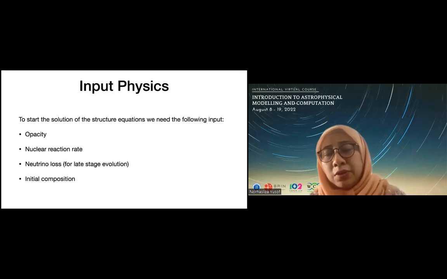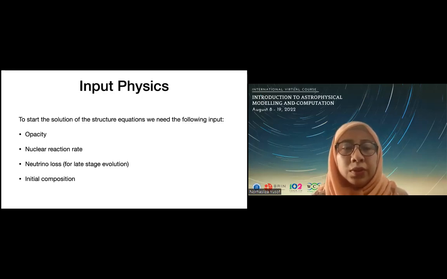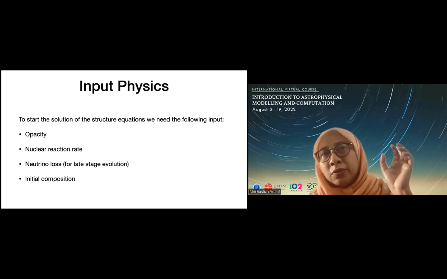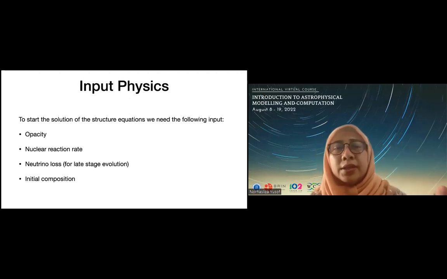And then we have neutrino loss. This we take from analytical calculation. People have calculated it especially for the late stage evolution of massive stars, in order to keep the star cool. Another one is we have to set what we call the initial composition. For example, we want to calculate at what particular galaxy the star is located.